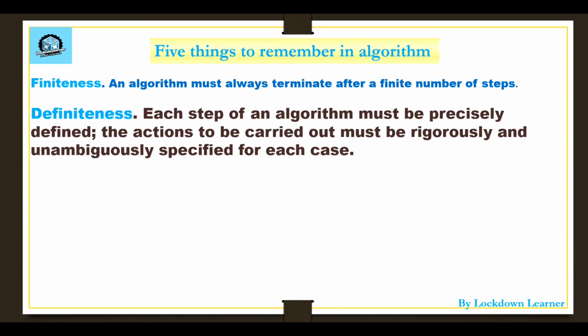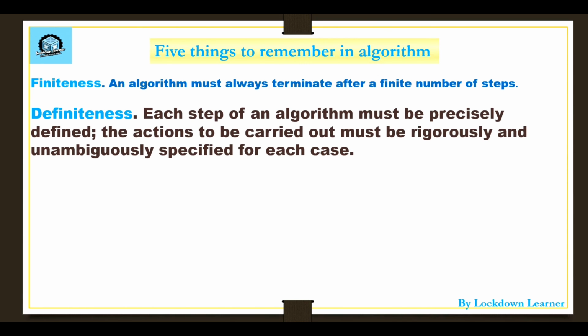Suppose I'm telling you how to make lemonade, I will tell you to stir, to mix sugar, so every step is clear to the person reading or making the recipe. Or you have given a program of 100 lines to a friend, how will he or she know which function does what? So each step of the algorithm must be precisely defined.